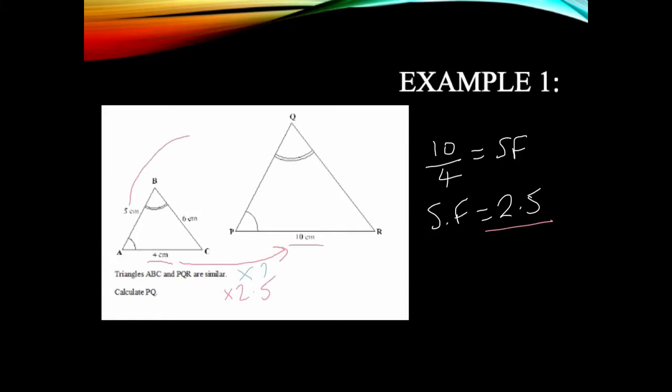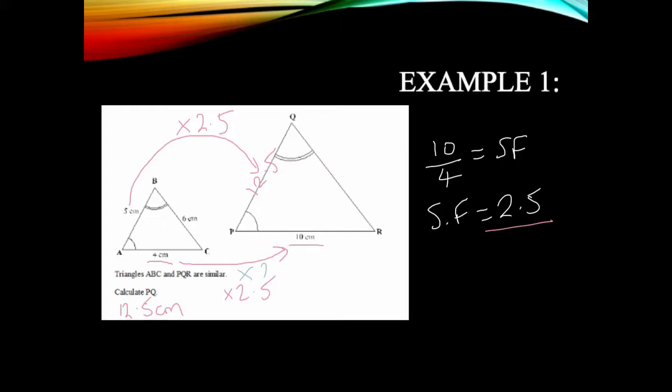So 5 multiplied by 2.5 is going to give us 12.5 centimetres. So this side is going to be 12.5. Calculate PQ, 12.5 centimetres. It doesn't ask us to, but just for completeness, why don't we work out the length of QR as well?